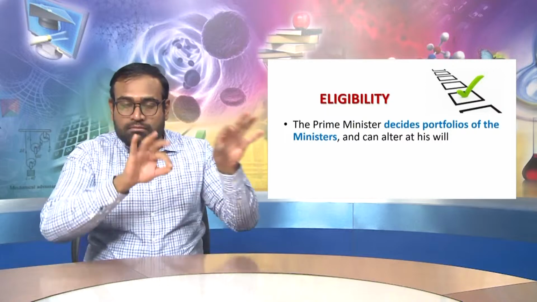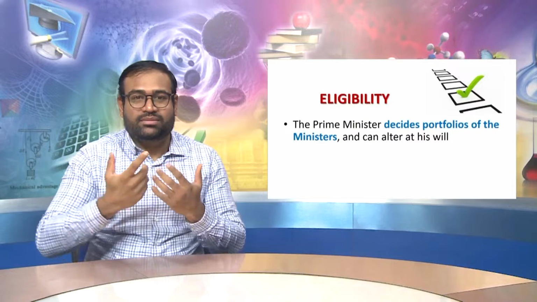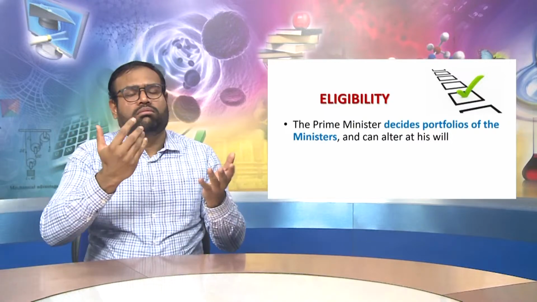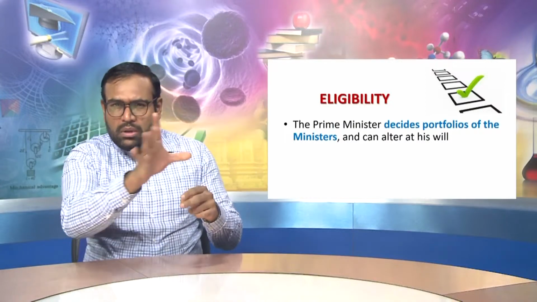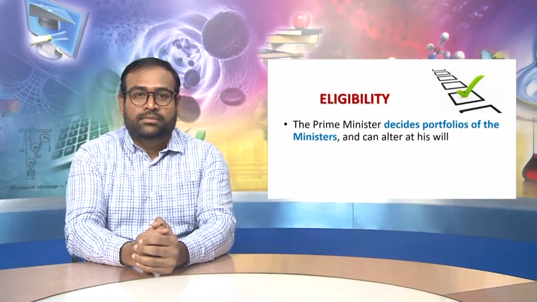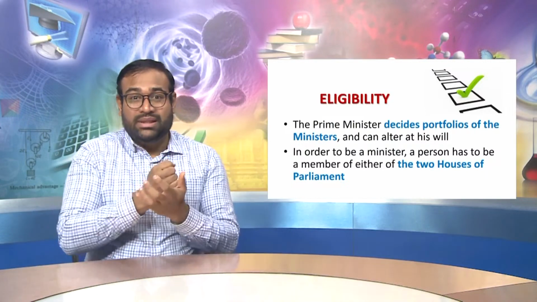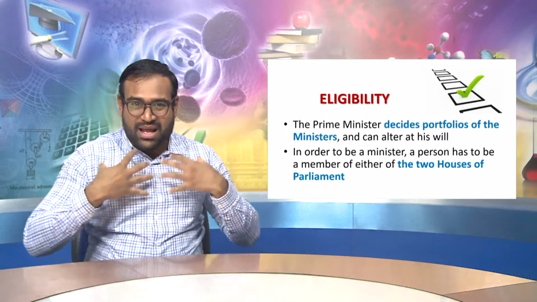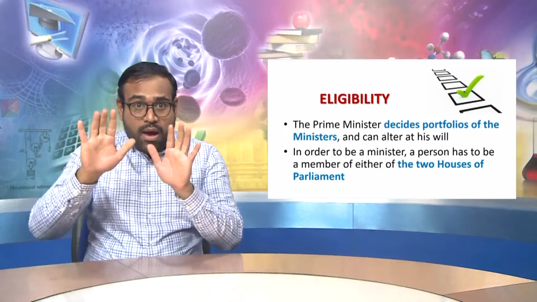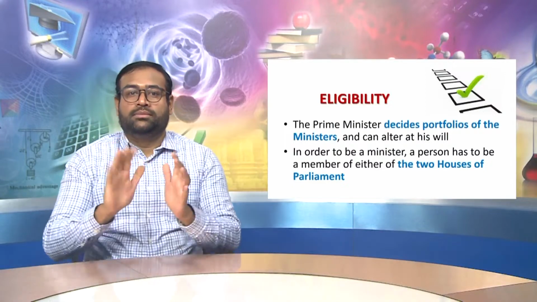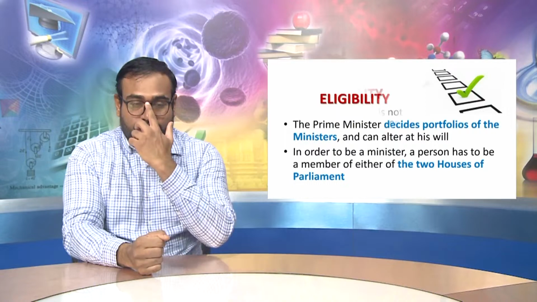Eligibility. The Prime Minister decides portfolios of the ministers and can alter them at his will. In order to be a minister, a person has to be a member of either of the two houses of Parliament.